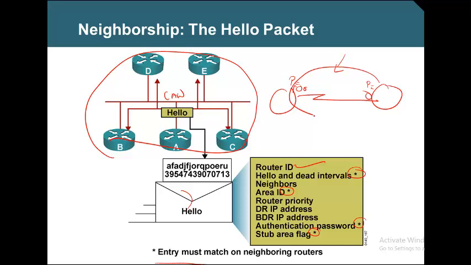But here, you need a DR, you need a BDR. Why? To avoid duplication, meaning to avoid loop. When the same update has been given by many repeatedly, it becomes a loop.